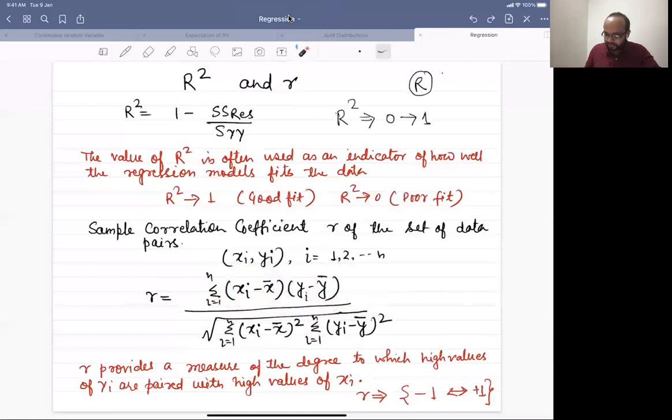So this quantity R provides you a measure of the degree to which higher values of yi are paired with higher values of xi. You can clearly see that R varies from -1 to +1, whereas R square varies from 0 to 1.